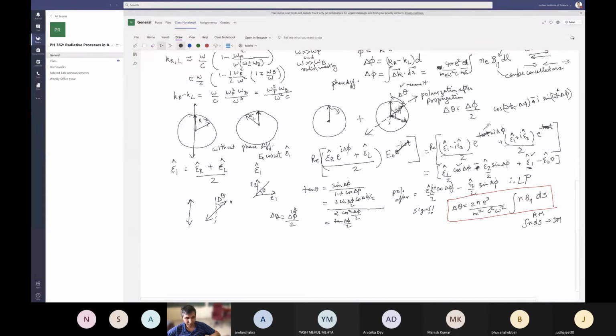I'm actually not sure whether it's measured in this sense or in that sense. One can actually figure out from the formulae. But anyway, this is how you relate this change in polarization angle, and this delta phi is the change in the phase difference between the R and L circularly polarized components.